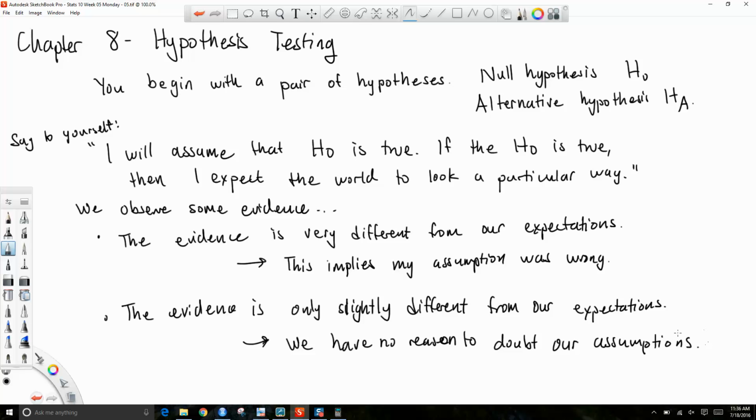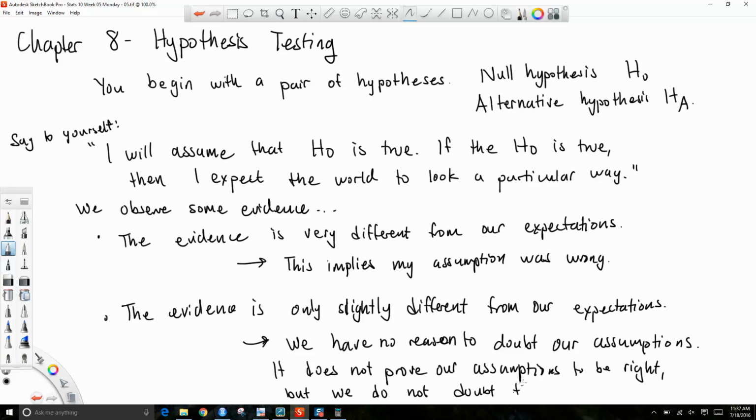Okay? It doesn't prove that your assumptions are correct, but we have no reason to doubt them. Okay? And does this line of thinking make sense?